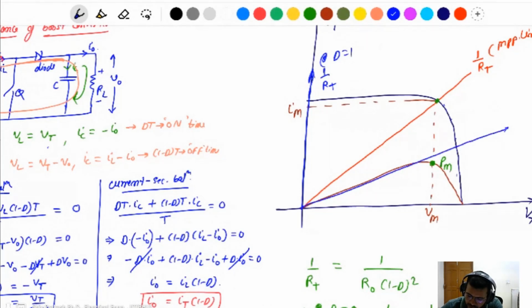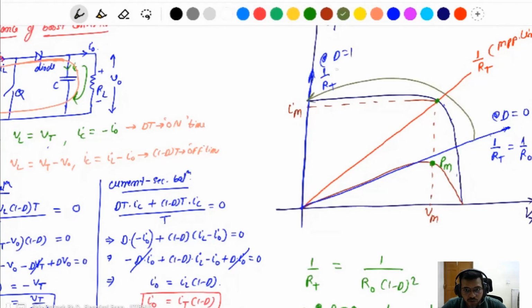I have written here, at D is equal to 0, 1 by RT is equal to 1 by R naught. It means 1 by RT varies from here to here only, from D is equal to 0 to D is equal to 1.